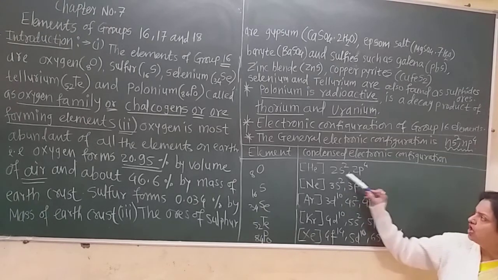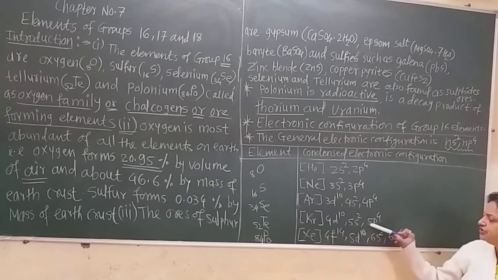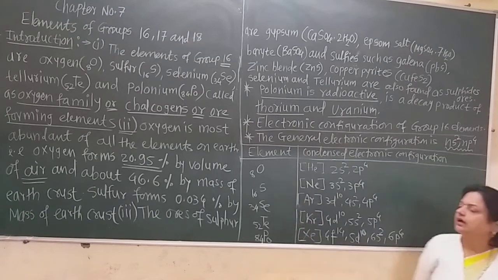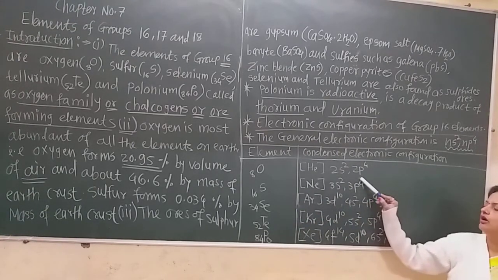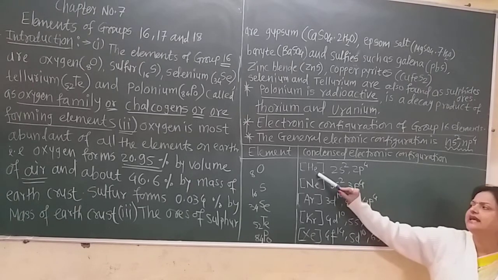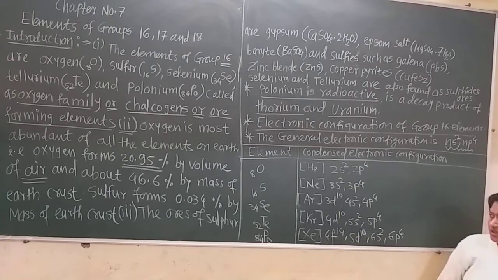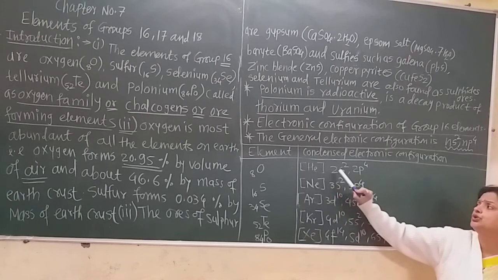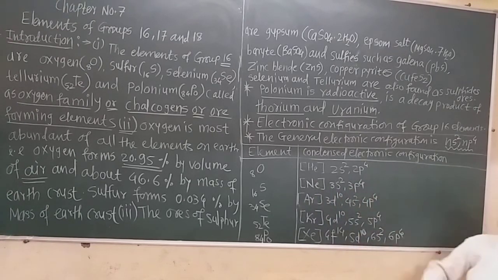All these elements have the outermost electronic configuration ns2 np4. So oxygen, atomic number 8, has the condensed electronic configuration [He] 2s2 2p4. We know that helium has atomic number 2, so 1s2 is there. 1s2 is the electronic configuration of helium. 1s2, 2s2 and 2p4. Totally 8 electrons are filled in this way.